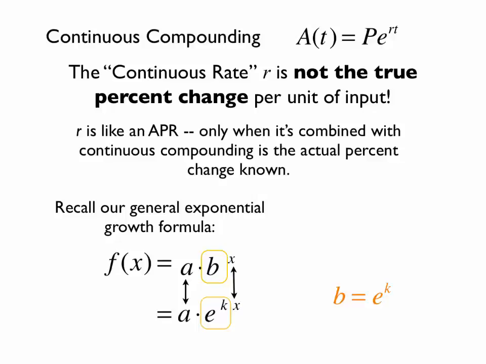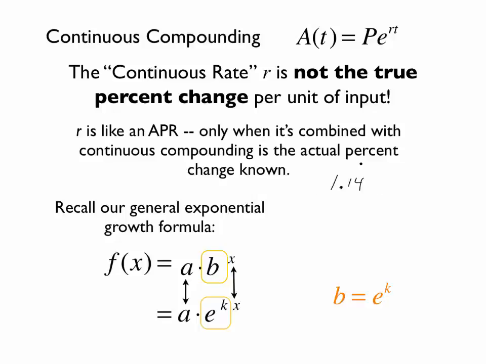So B, what was that? That was our growth factor, right? Did that growth factor reflect the true percent change or not? B, does it reflect the true percent change per unit? If B was 1.14, is that showing the true percent change?